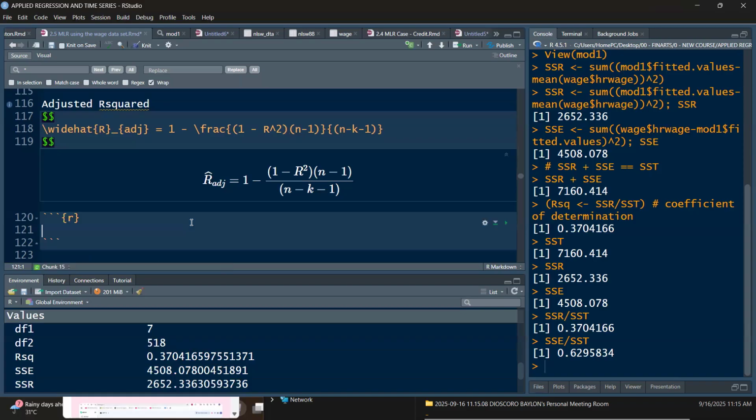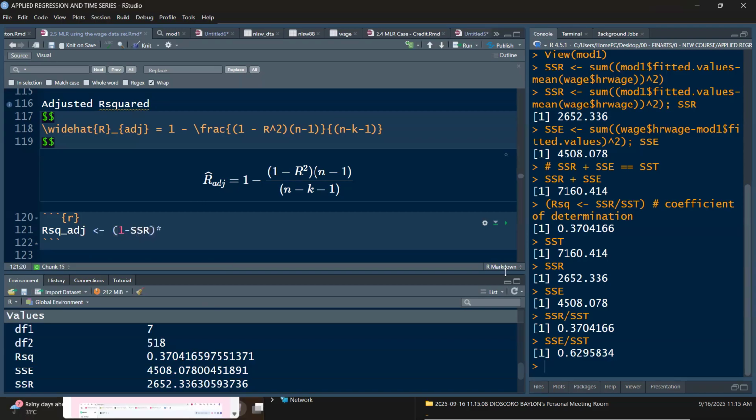Control Alt I. Let's call it R square ADJ, Alt minus. Okay, it's equal to 1. So let's start first with this one. It's equal to the quantity 1 minus R squared, class, is our SSR, right?